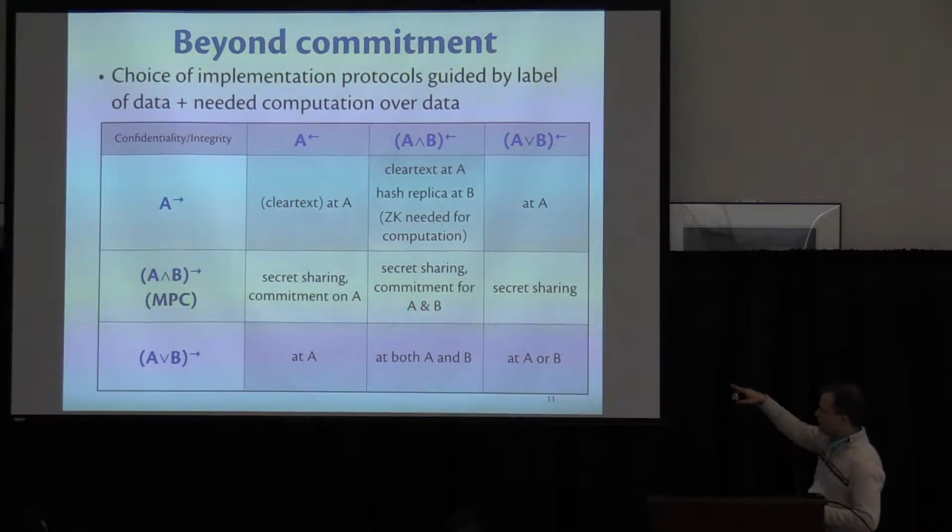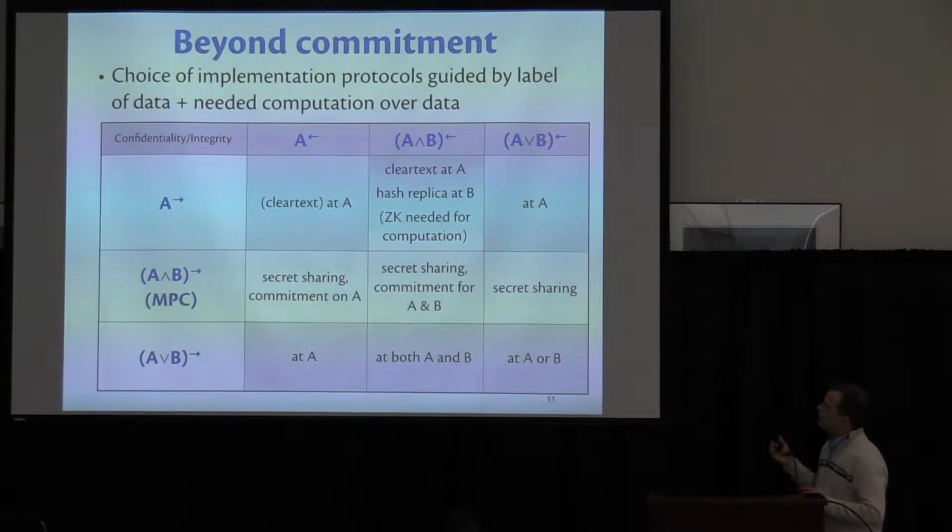The whole middle row, the A and B right arrow row, corresponds to something where we want the power of MPC or some other protocol that has the right properties. That is something we haven't explored, but clearly from the talks this morning, people are moving in that direction. And it is something we are exploring now, I should say.